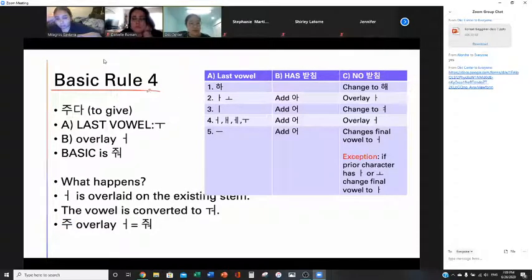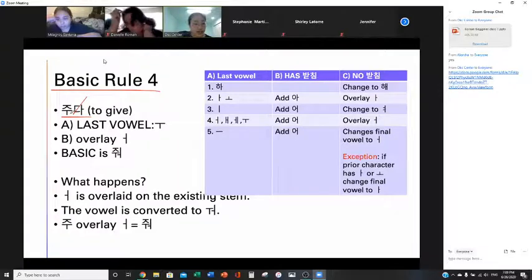So the basic rule number 4: whenever you have the verb in dictionary form like this, you will remove the da. Last time, remember, when you look at the verb like this, you remove the da form, and then you are left with the stem, which is ju right here.